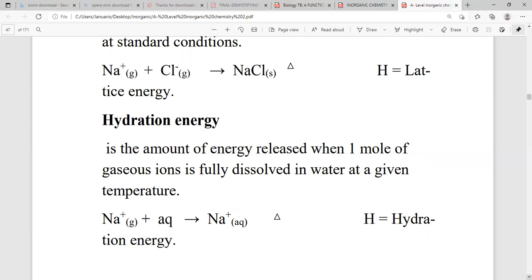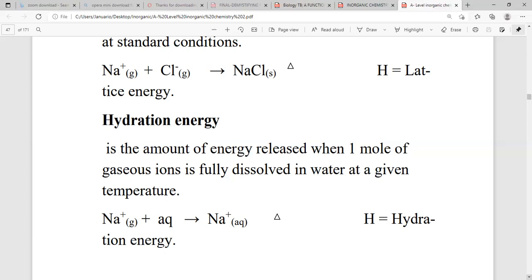You put them in water and water fully surrounds these ions. The forces of attraction between the charges in water and the charges in these ions attract the water closely around these gaseous ions. Then you call it hydration energy.